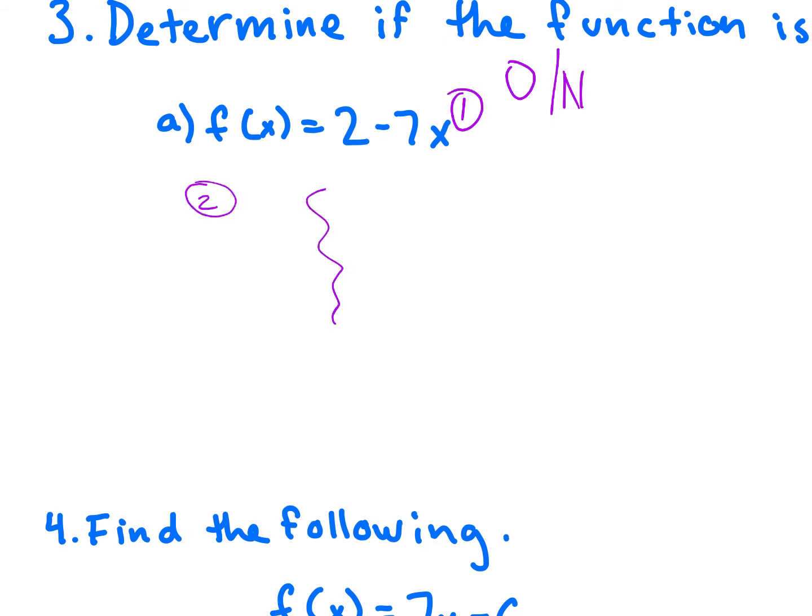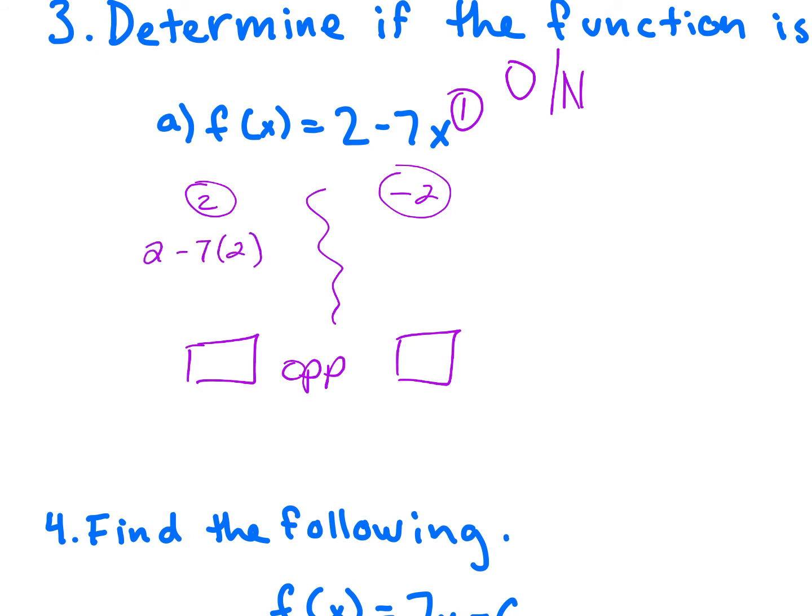If I think this is going to be an odd function, my answers should be opposites of each other. So just set your little problem up so it's glaringly obvious what's going on here. So I'm going to say 2 minus 7 times 2. Well, 2 minus 14 is how much? Negative 12, okay?